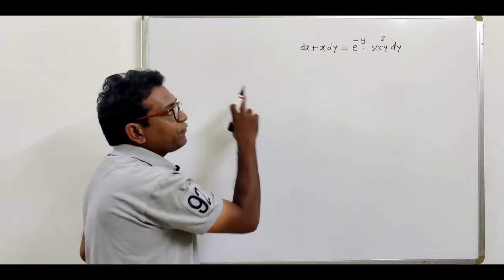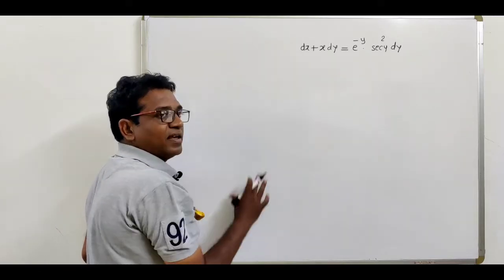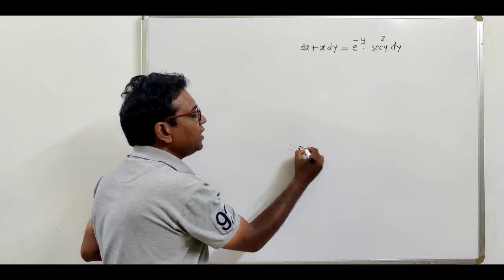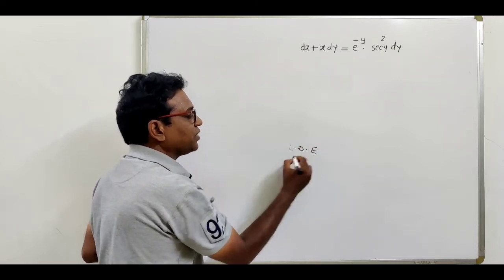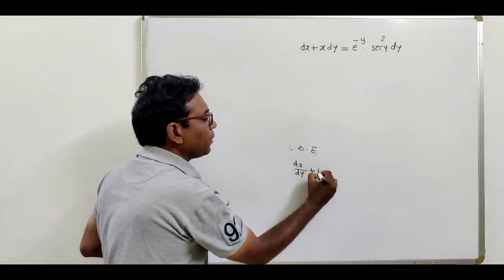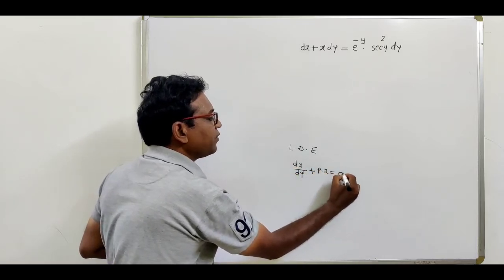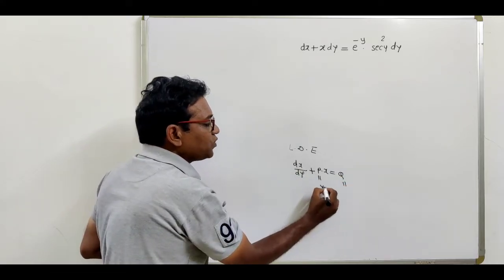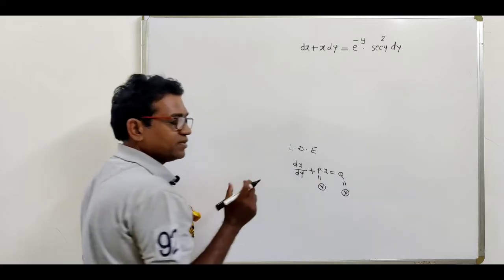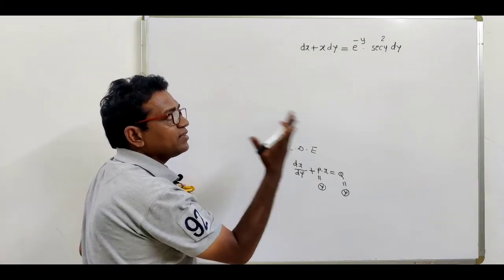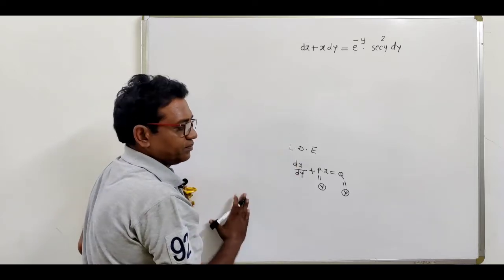Because this differential equation contains a single x, that means it may be a linear differential equation of the type dx by dy plus p into x is equal to q, where p and q should be functions of y alone. See, first of all, we have to determine whether it is a linear differential equation or not.